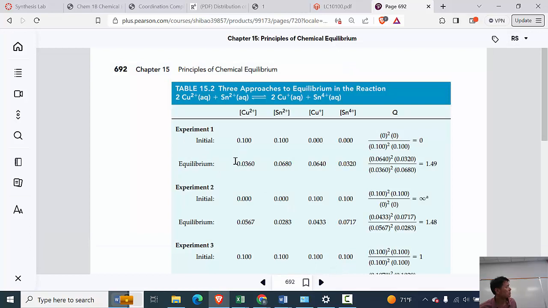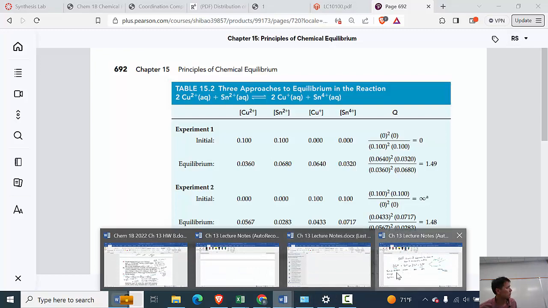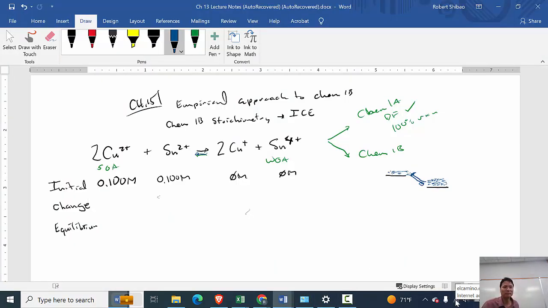So here's the data. This is experiment 1. And so at the end of this, I'm going to have 0.036, 0.068, 0.032, 0.064. I'll quickly forget those, but 0.036, 0.068, 0.032, 0.064, thank you. 64 and 32? Thanks.